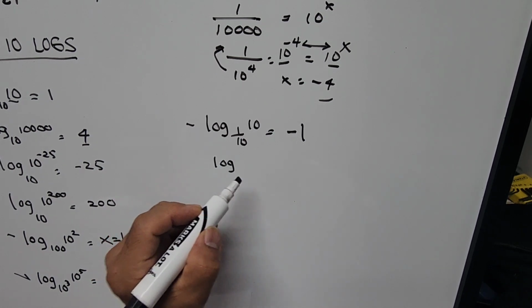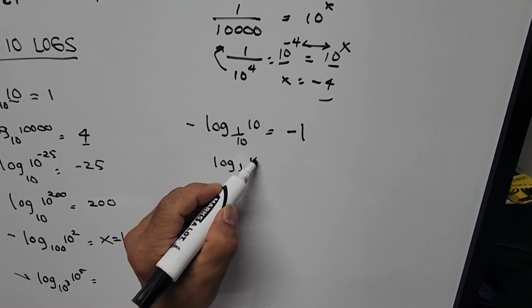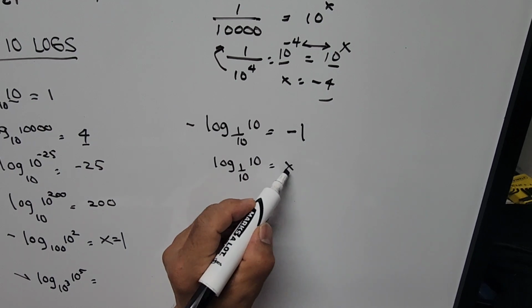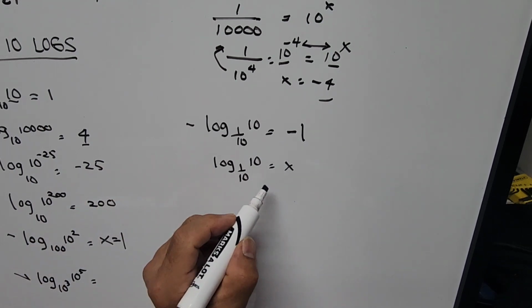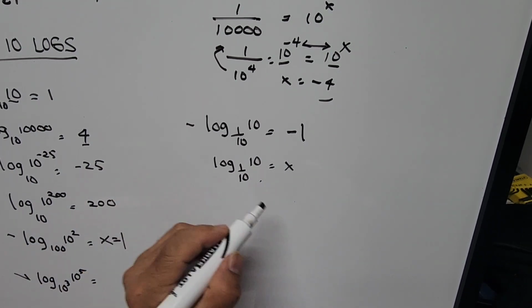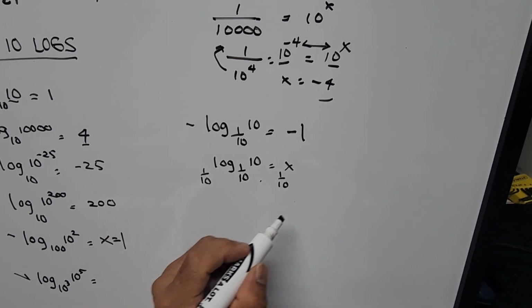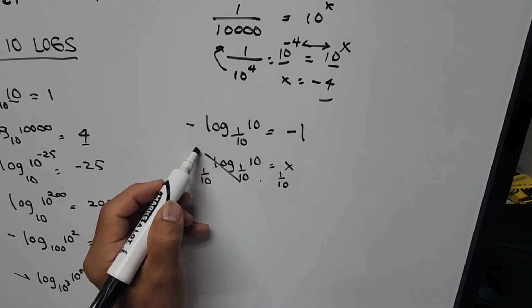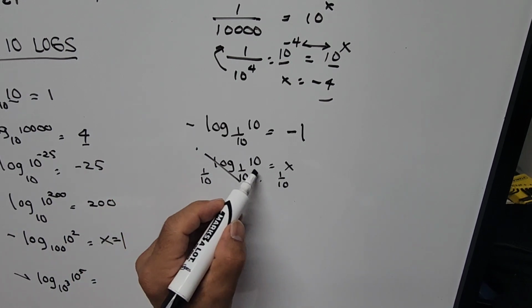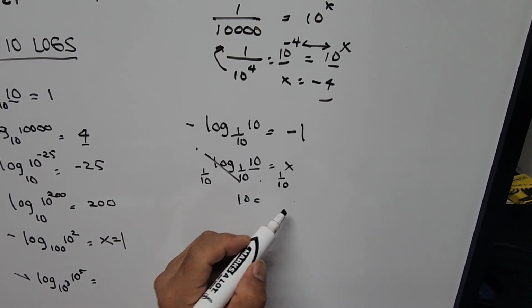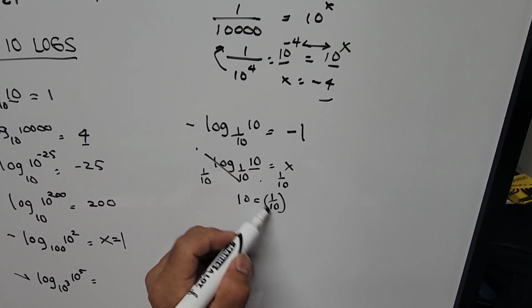So log base 1 over 10 of 10 equals x. So exponentiate both sides with base 1 over 10, right? So we ended up canceling this one as 1. So we have 10 equals 1 over 10 to the power of x.